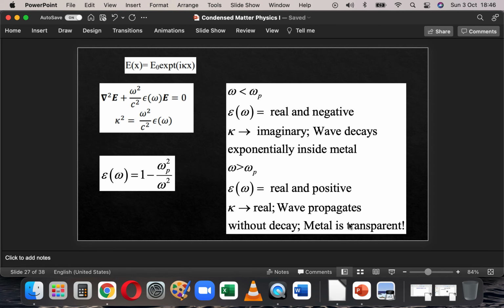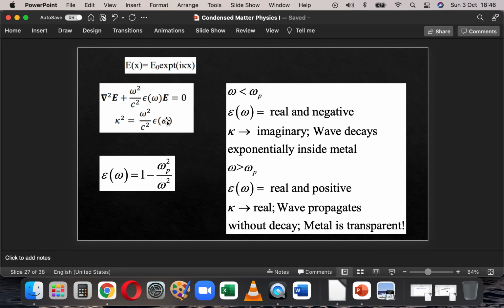To understand the significance of the plasma frequency, if I now express the electromagnetic wave as a spatially oscillating expression given by this, E naught e power ikx, then I can rewrite the same wave equation in a slightly different way. I can write this prefactor for the electric field, omega squared by c squared epsilon of omega, as a wave number.